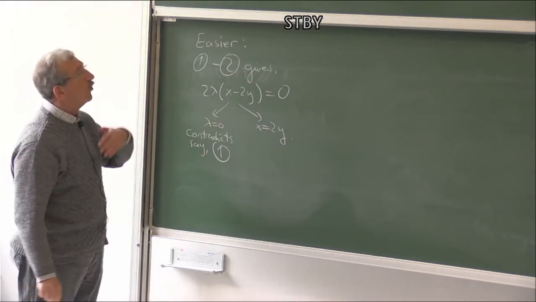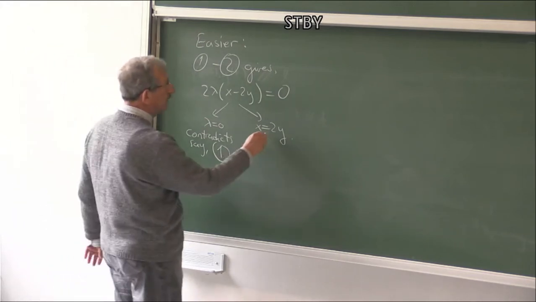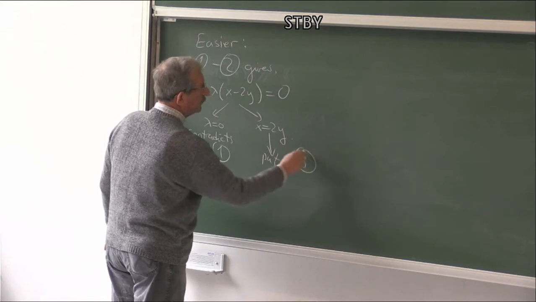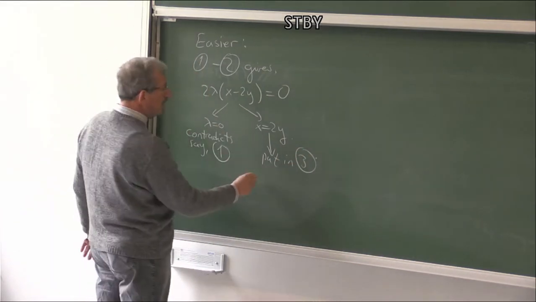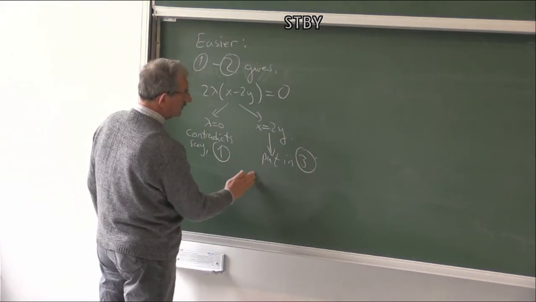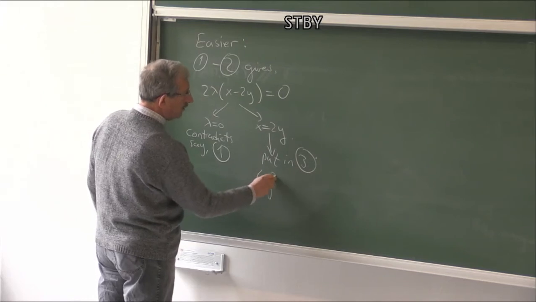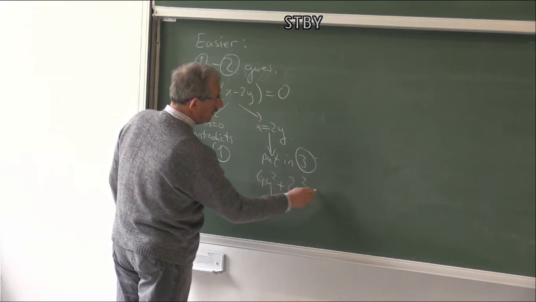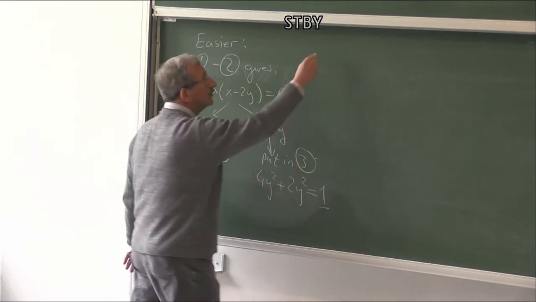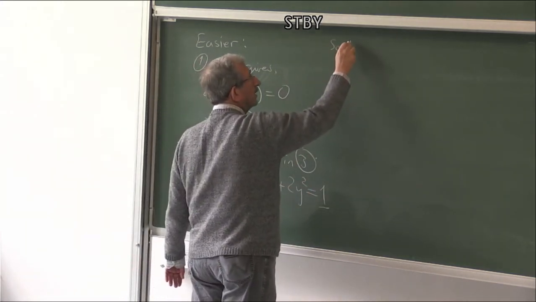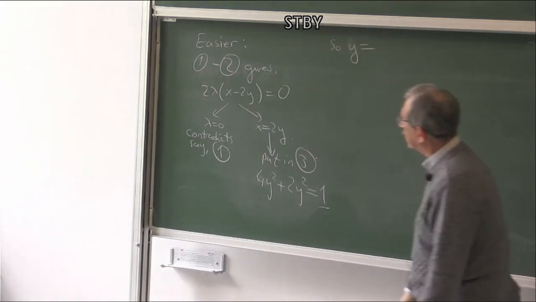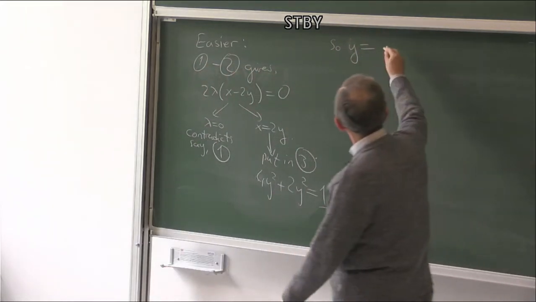So x is 2y. We can put it in equation 3, and this gives us x squared, that is 4y squared, plus 2y squared is 1. So we get y as root of 1 over 6.